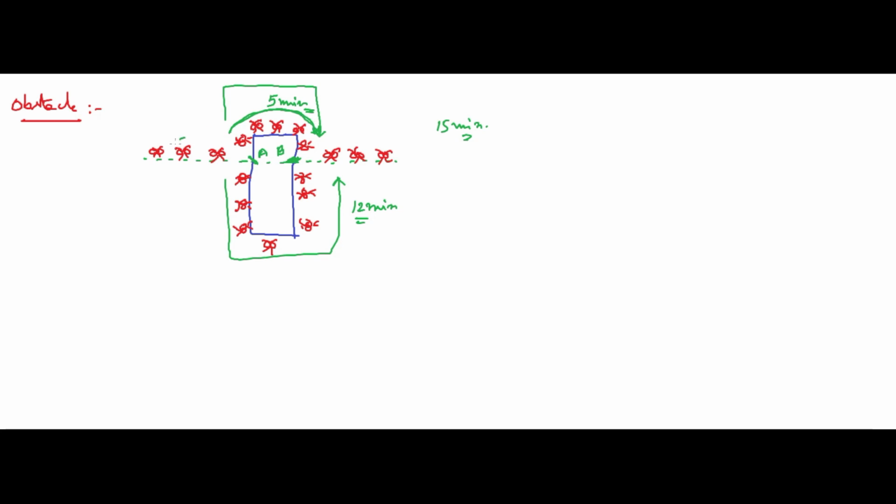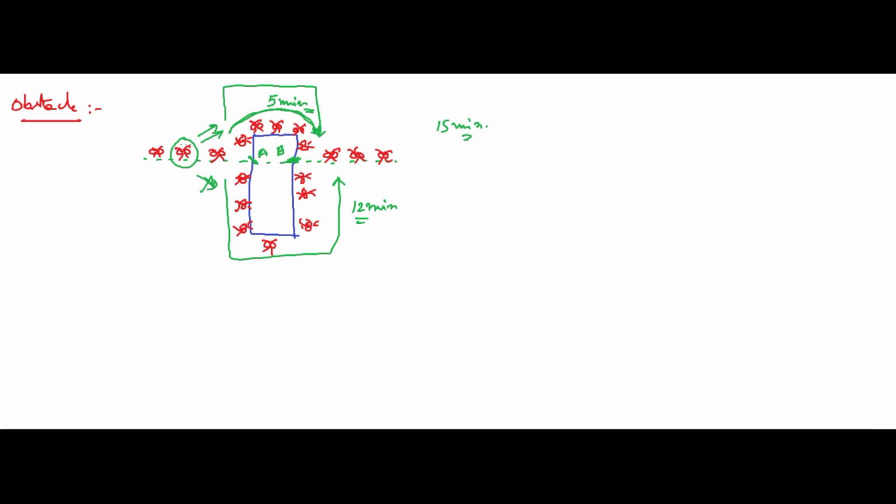So for the next ant, it simply sees which route has more pheromone. Definitely this route has more pheromone, so it will simply neglect this route and go in this way only. So this is the basic concept of ants.